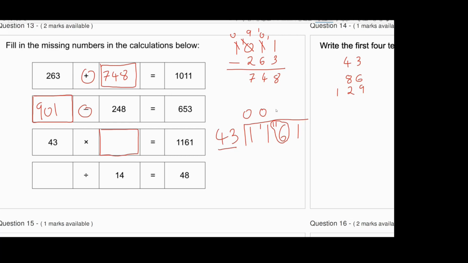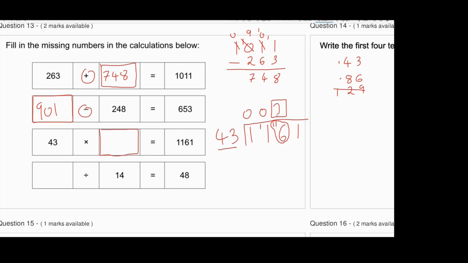So basically, what number would go here? Well, 129 is too big, so it's only going to go twice.